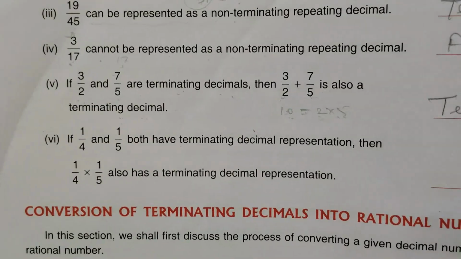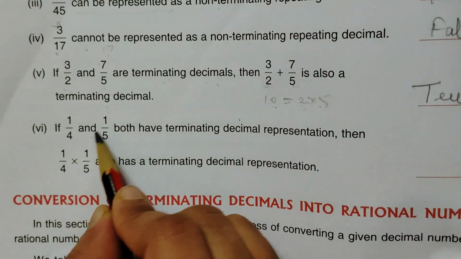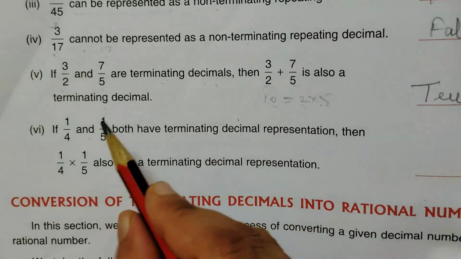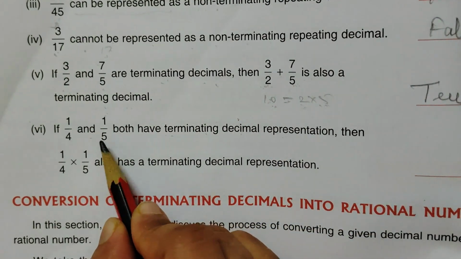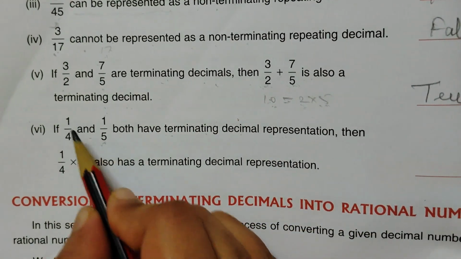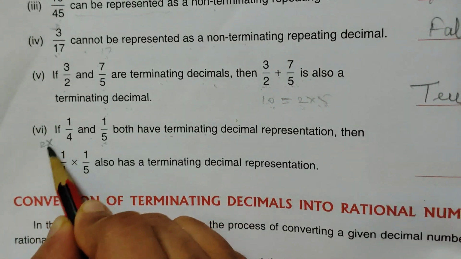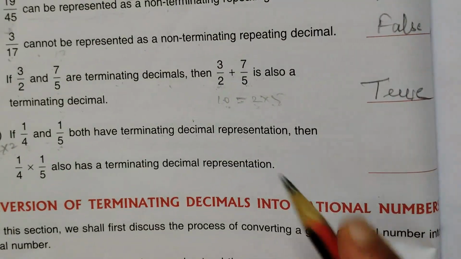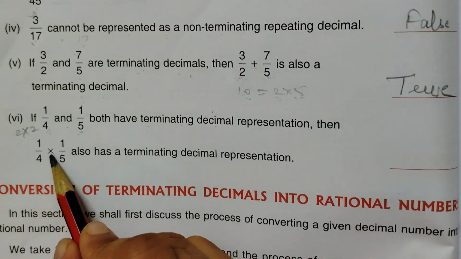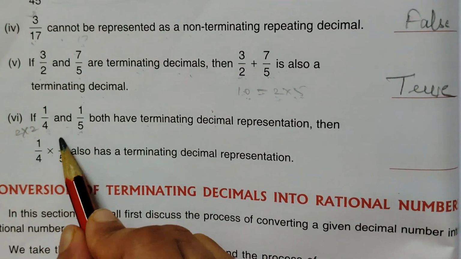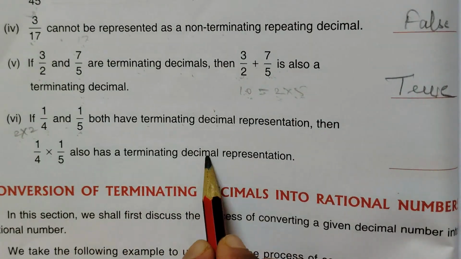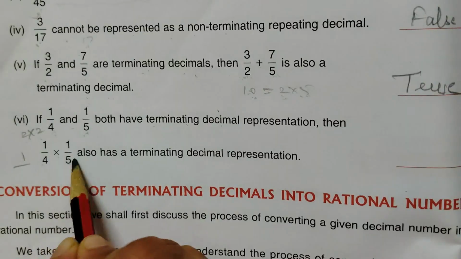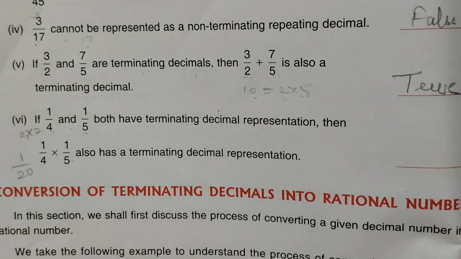Next: if 1 upon 4 and 1 upon 5 both have terminating decimal representations. Yes, 1 upon 5 is terminating, and the factors of 4 are 2 into 2, so this is also terminating. Then 1 upon 4 multiplied by 1 upon 5 also has a terminating decimal representation. 1 into 1 is 1, 4 5s are 20.